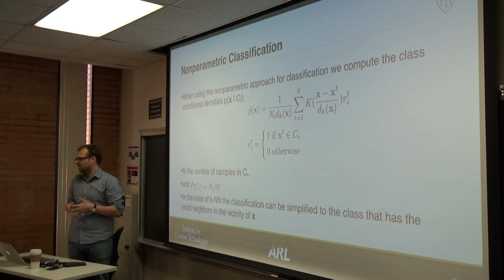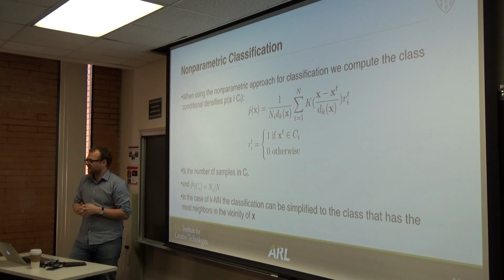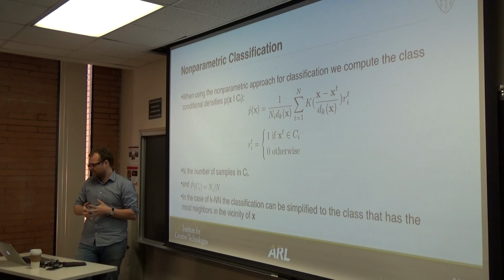You choose the one that has more. So if you have more neighbors that are class 1, 3 versus 2 for example, you would say class 1 and dismiss class 2. Okay? So that's just a complicated way to do that.